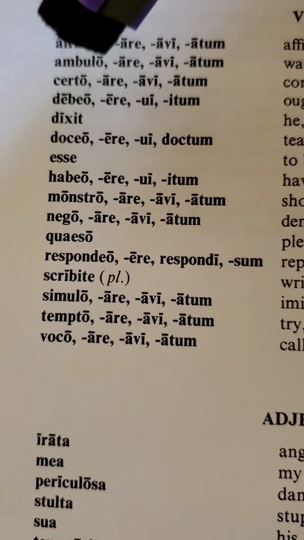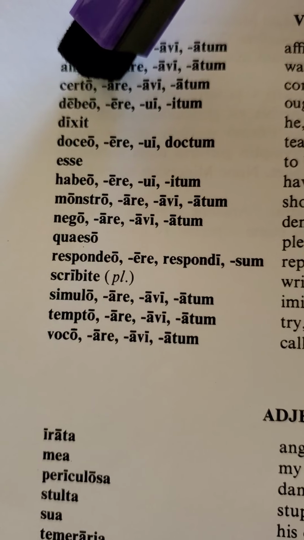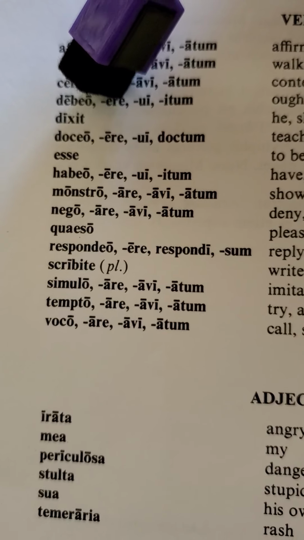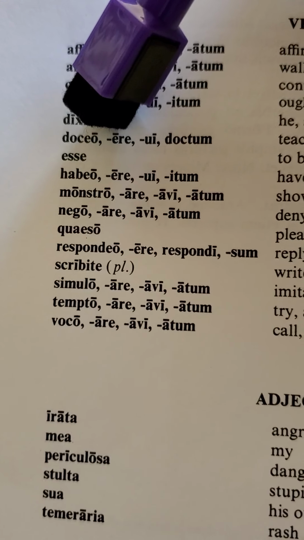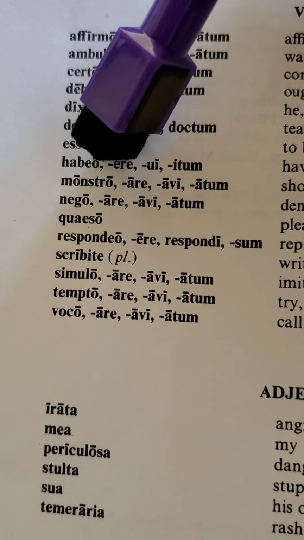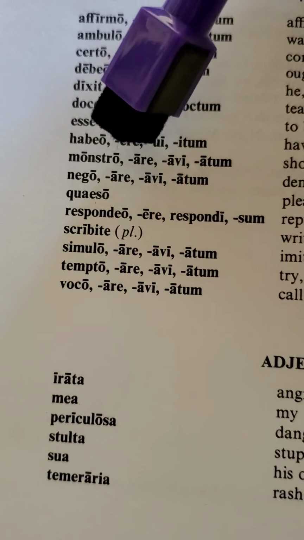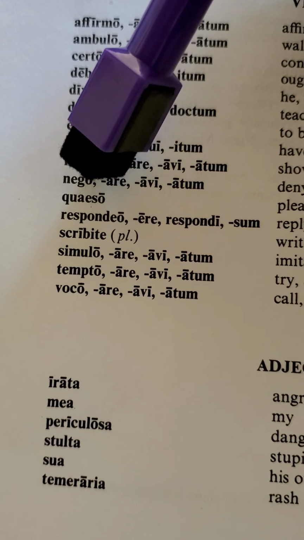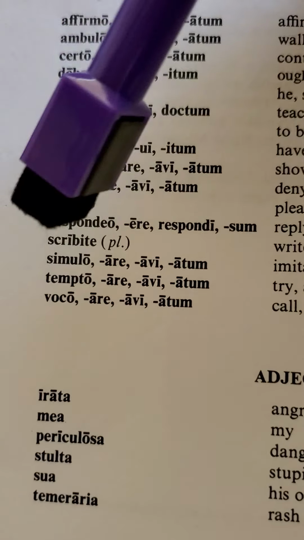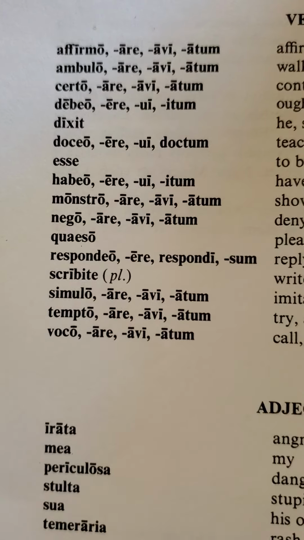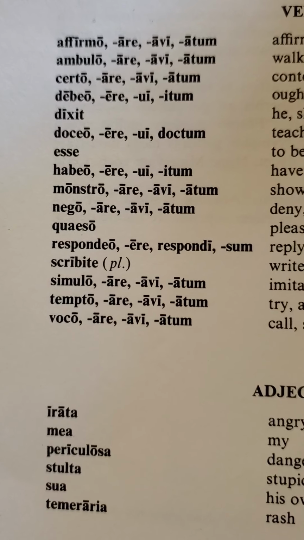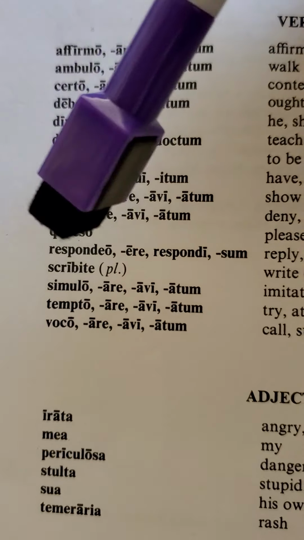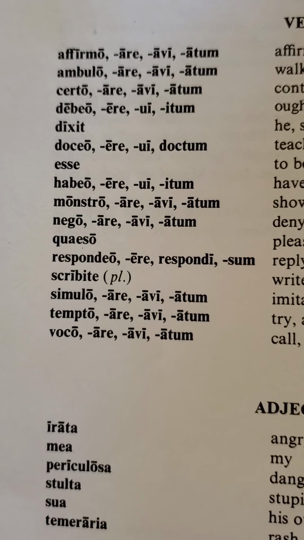So if you go down, you can see ARE, first conjugation, ERE, second conjugation, and so on. These are all first conjugation verbs, etc. The way that they're conjugated is the same. That's why we can learn them all at the same time.